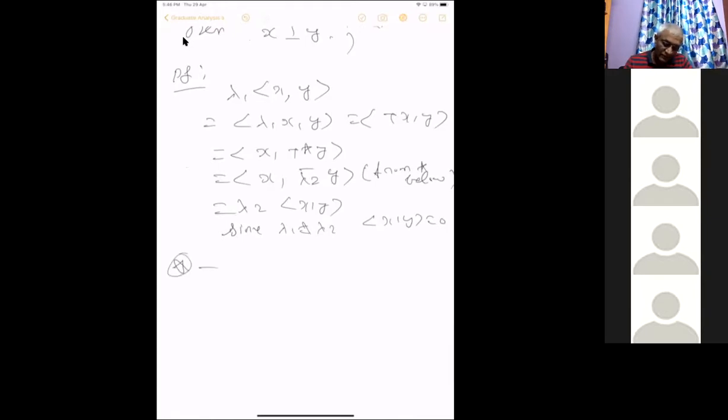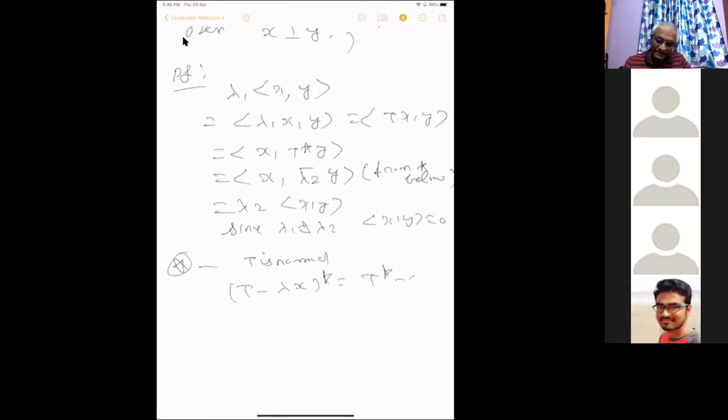Star is, so T is normal. T minus lambda x, lambda x star equal to T star minus lambda bar x is also normal.